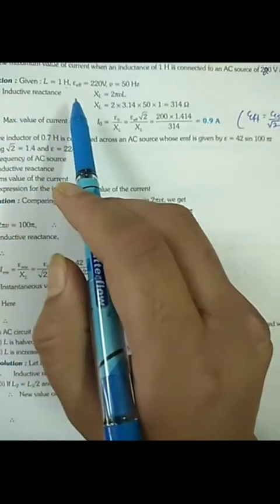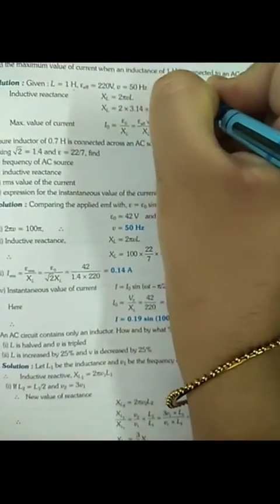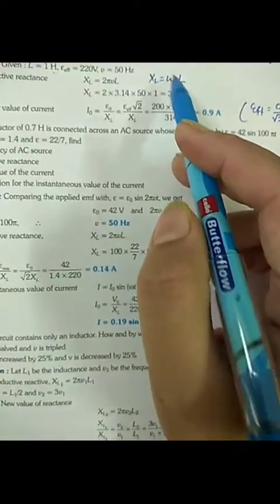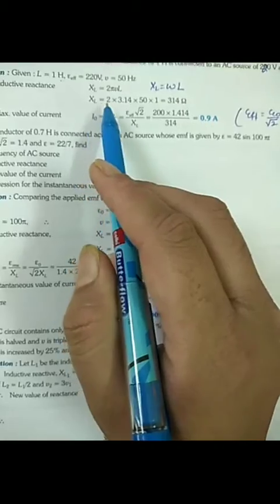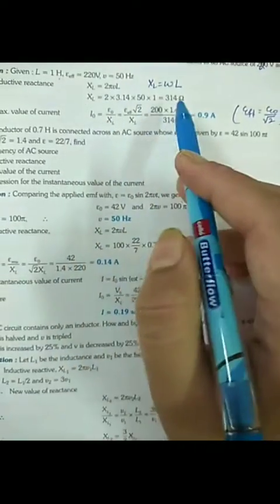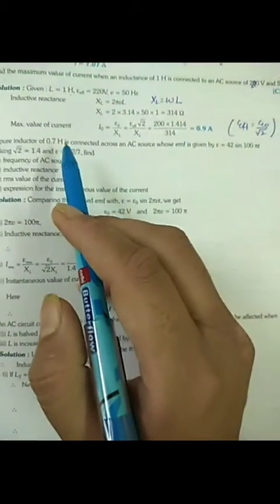The inductive reactance is given by XL equals omega L, and omega can be written as 2 pi mu. So XL equals 2 pi mu L. On substituting the values, we will get XL equals 314 ohm.